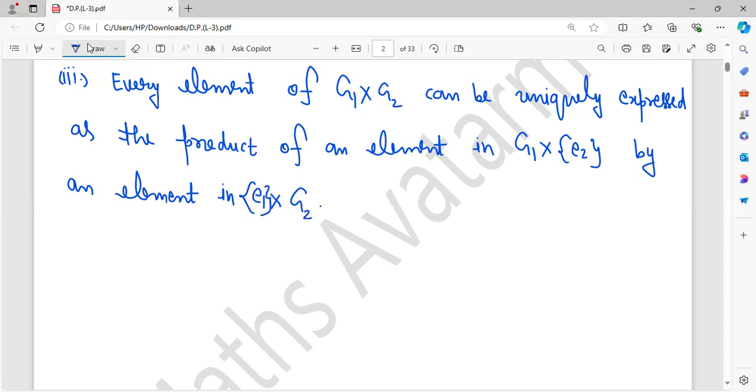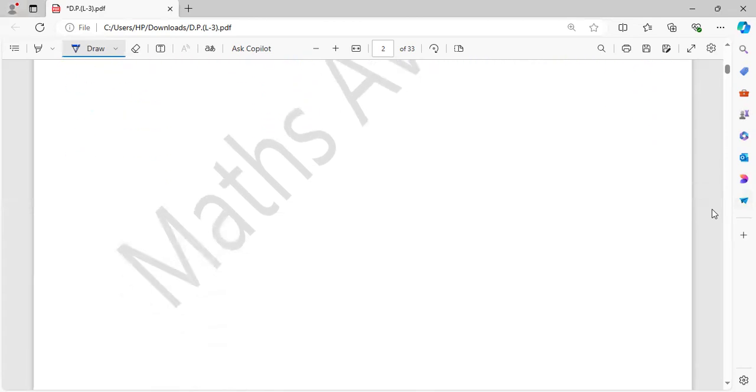Okay. Fourth one is, G1 external product G2 is isomorphic to G2 external product G1. Okay, these are isomorphic to each other.